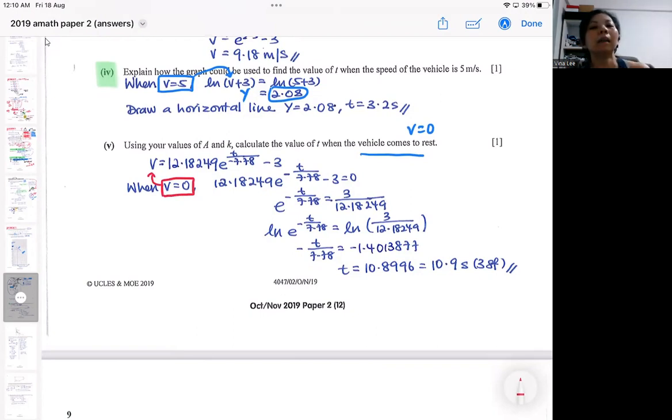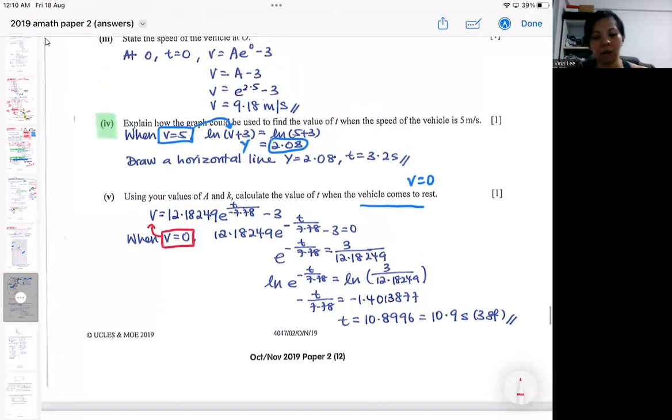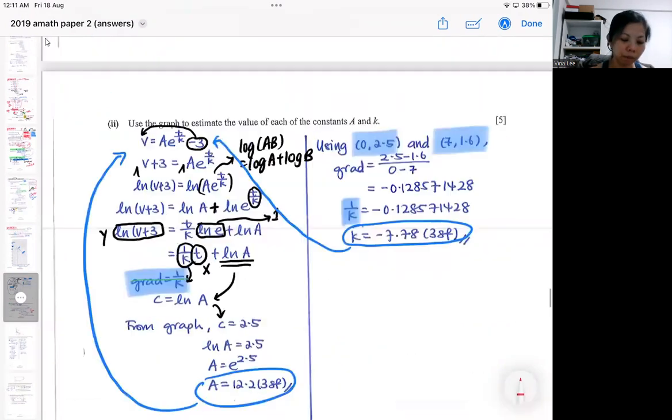This same part, they can ask you to get it from the graph instead. If I'm going to get this from the graph, again, I got to convert it to the vertical axis. If I convert to the vertical axis, I will get ln 3. So if I'm trying to get it from the graph right now, ln 3 is 1.09. Okay, to make things simple, I just put 1.1.